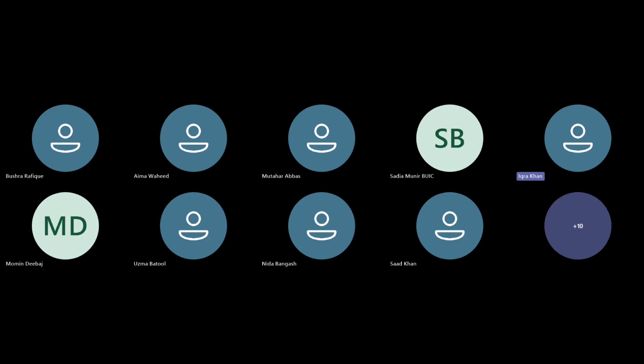Clean, neat, and formal attire helps create a strong first impression and shows respect for the interview process. To conclude, successful interview preparation requires confidence, research, practice, and professional behavior. If candidates prepare themselves properly, they can greatly improve their chances of success. Thank you for your attention.